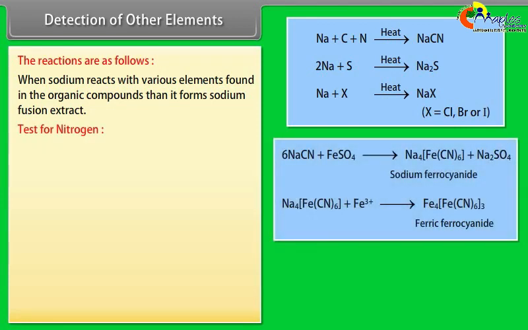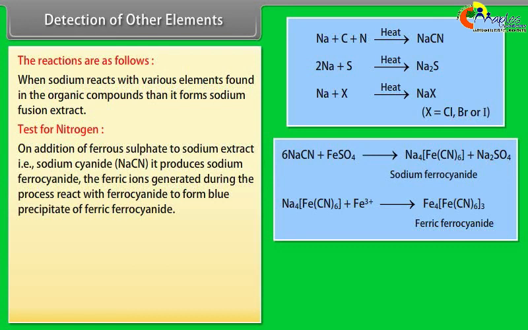Test for nitrogen: on addition of ferrous sulfate to sodium extract, that is sodium cyanide, it produces sodium ferrocyanide. The ferric ions generated during the process react with ferrocyanide to form a blue precipitate of ferric ferrocyanide.